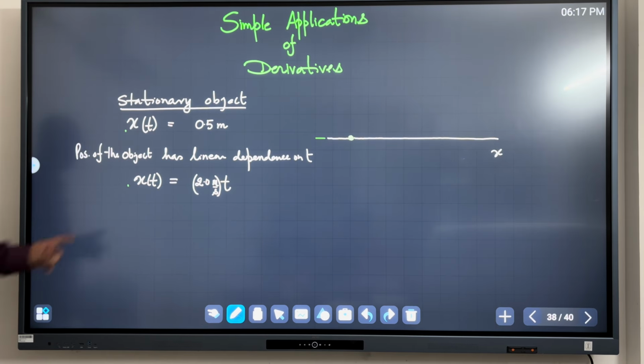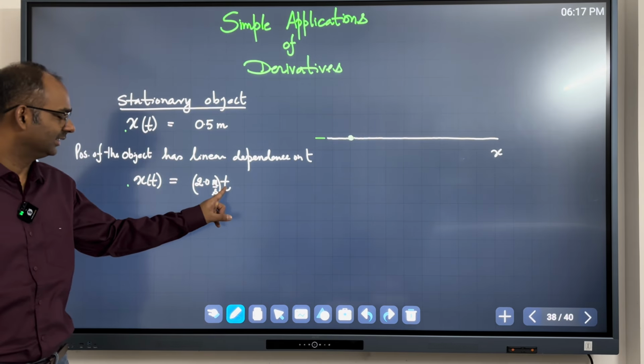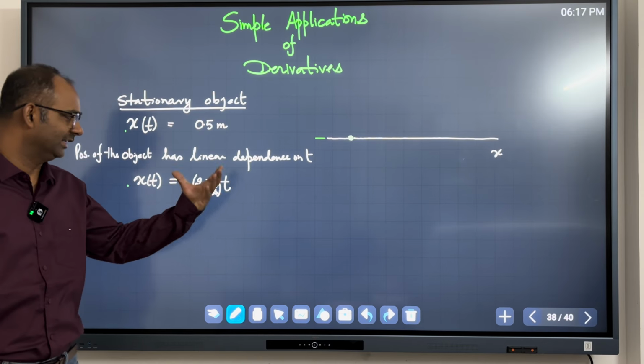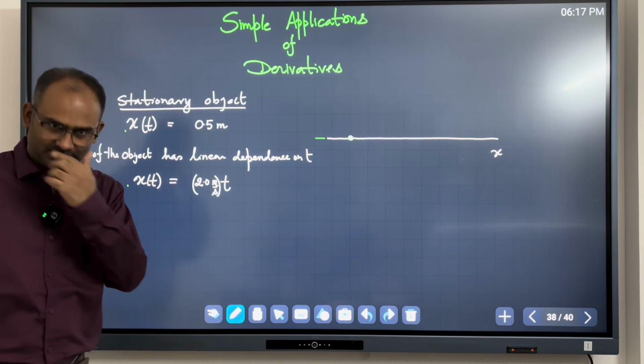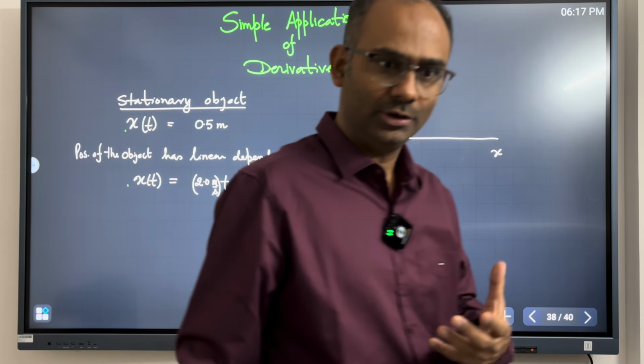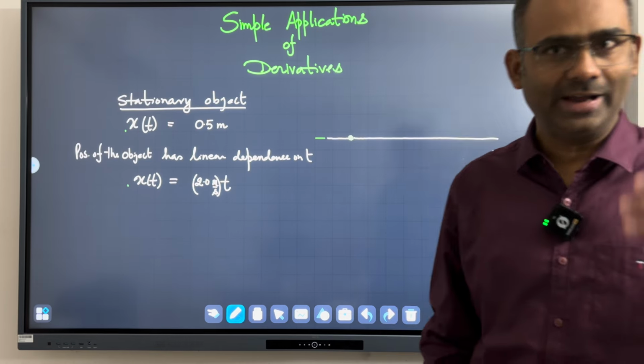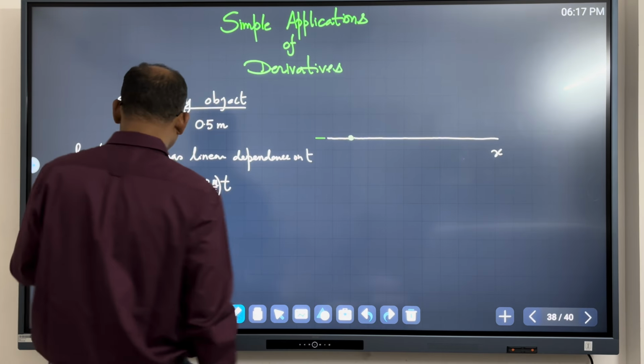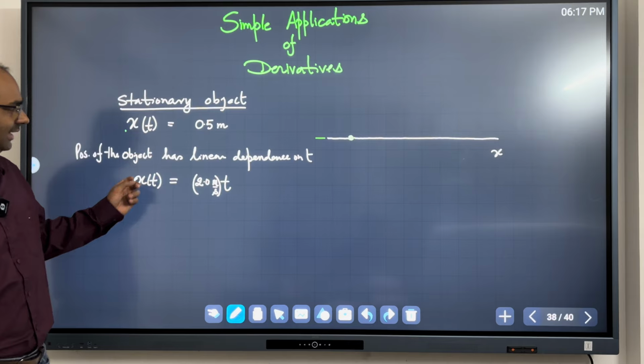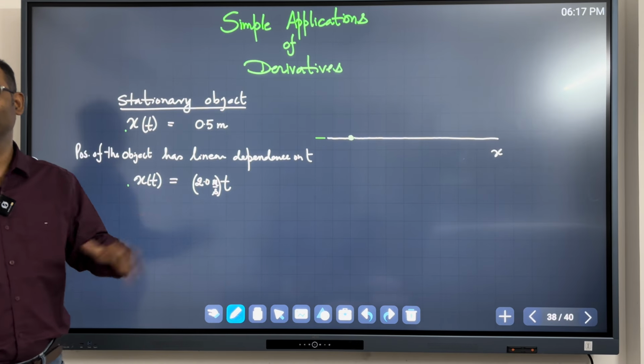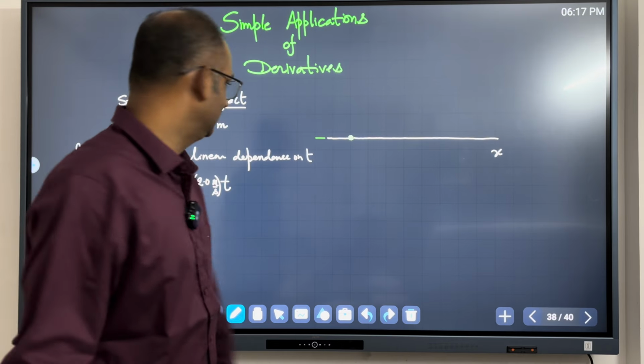Linear because there is t to the power 1, and you know that such functions give you a straight line. You remember this? y equals mx plus c. So instead of y you have x, and instead of x you have t. Right? You understand that?